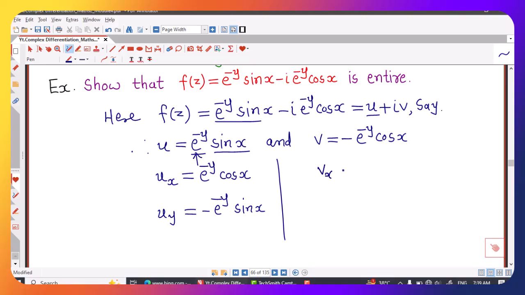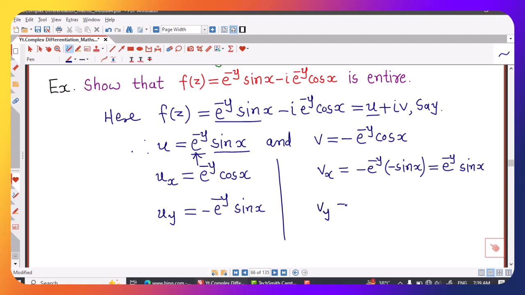Similarly here, if we differentiate with respect to x, we have minus e raised to minus y considered as constant, the derivative of cos x is minus sin x, therefore we have negative negative positive, and we have e raised to minus y times sin x.